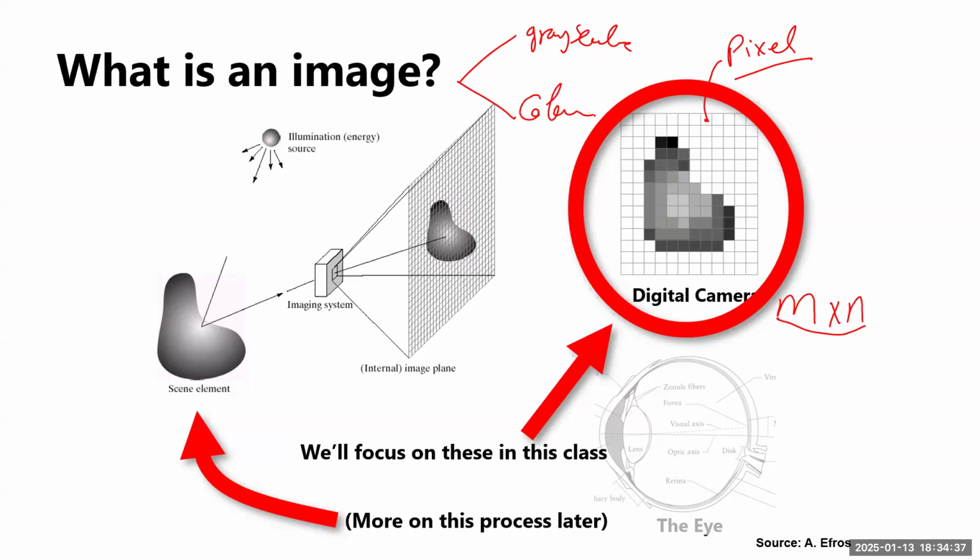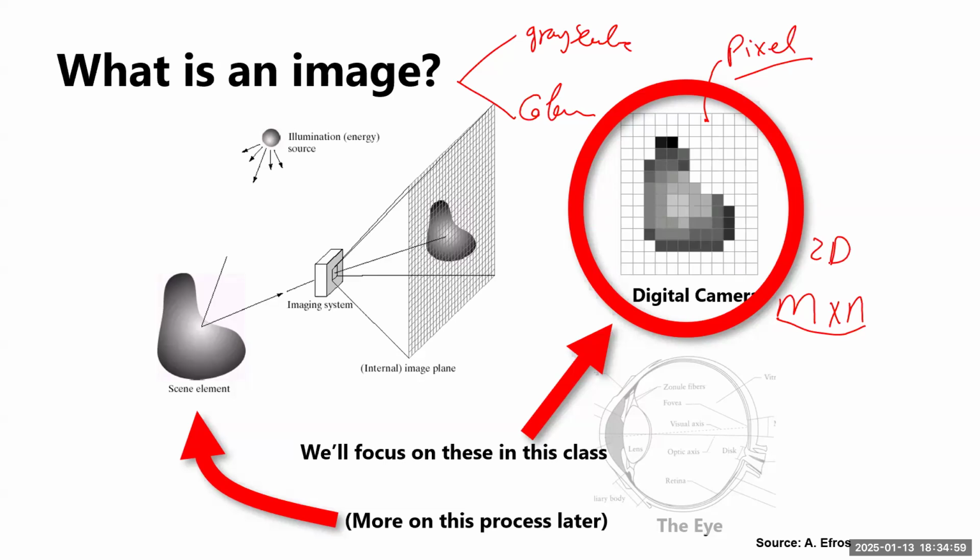In this case, the matrix or the image will be 2D, with rows and columns. Each pixel will have a number. What is the meaning of this number?